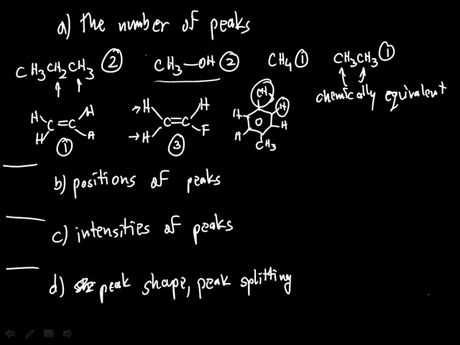And this turns out to be extremely powerful because you can very quickly make connections between a certain fragment of a molecule and its immediate neighbors, which allows us to very quickly get to the structure of a molecule as a whole. We will now go into details. We sort of analyzed the first type already, but now we will go into details of analysis of points B, C, and D, and we'll see some actual NMR spectra.